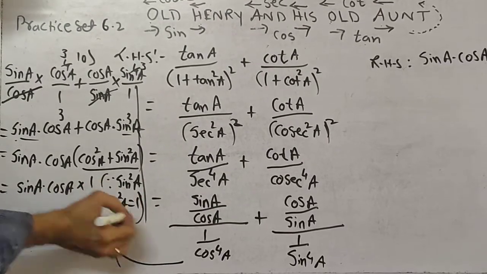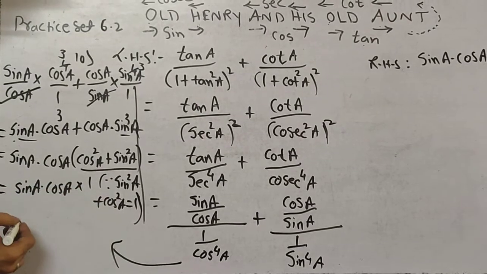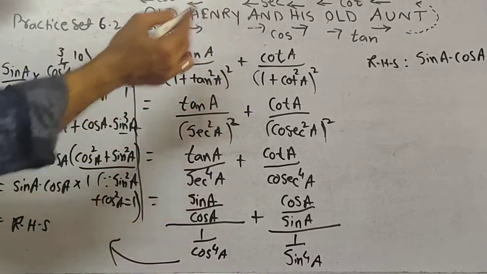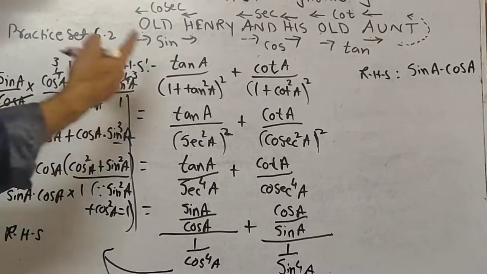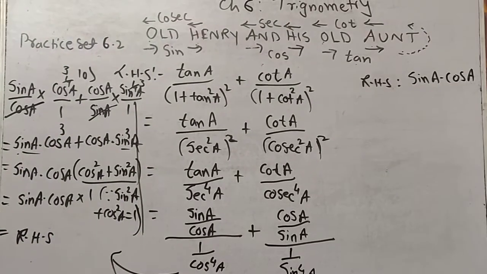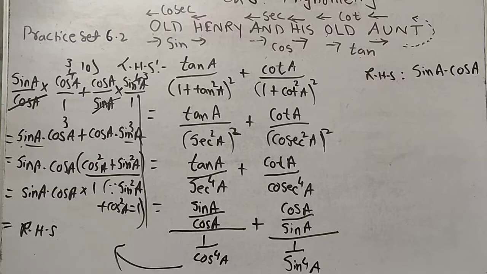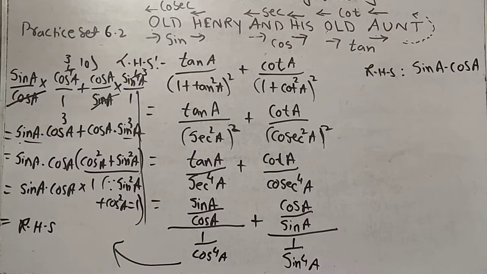Write the formula. So sin a into cos a into 1 means the same. So left hand side equal to right hand side. Here we got the answer of the right hand side, sin a into cos a. Please copy it down. This sum was a little big, but not very hard.